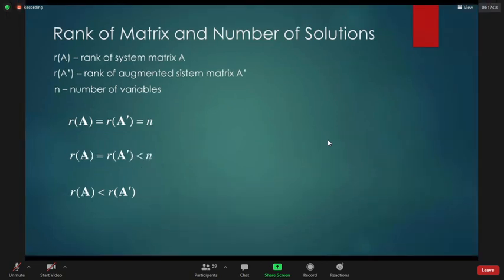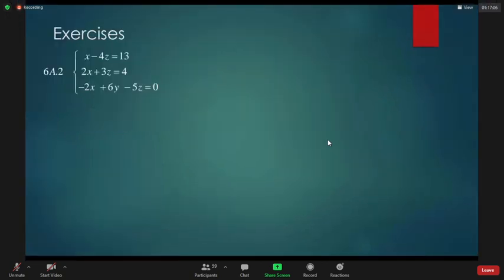Okay. So this is exercise 6A, number 2. It's simply for solving a system by Gauss method. This particular system has a unique solution using Gauss method.